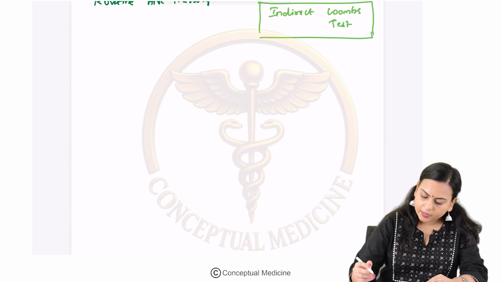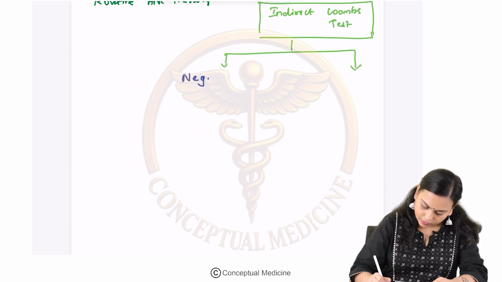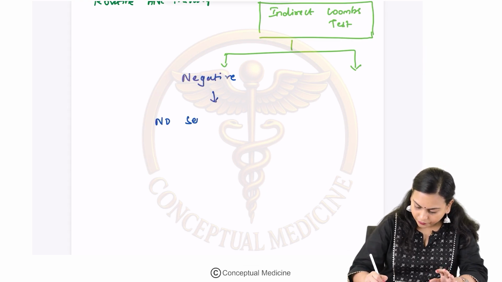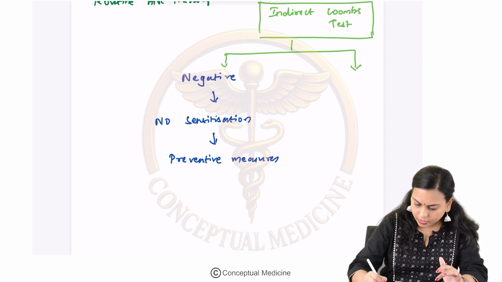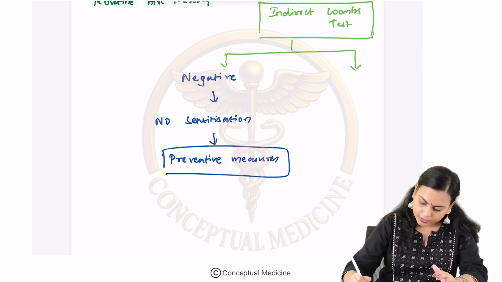Okay, and if the indirect Coombs test is negative, there is no sensitization. So we'll be doing only the preventive measures. Okay. Suppose if the ICT is positive, that means the immunization already occurred.